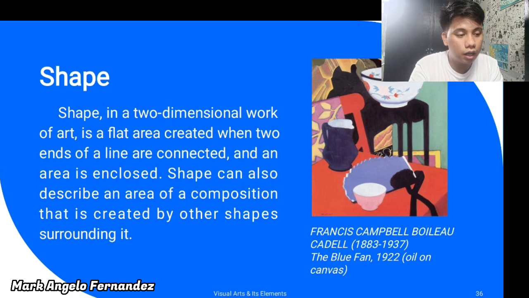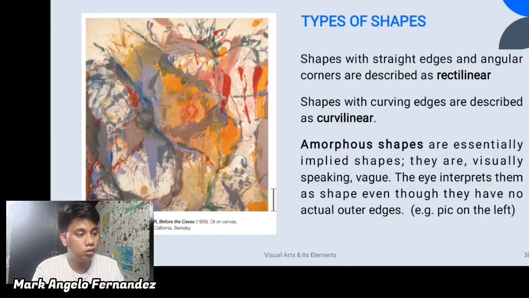It refers to the flat surface artwork na merong dalawang dimension which is length and width. Masasabi natin na shape ang isang bagay kung enclosed in line. Hindi natin masasabing shape ang ating drawing or painting if hindi siya enclosed, or yung end niya ay hindi connected sa isa't isa.